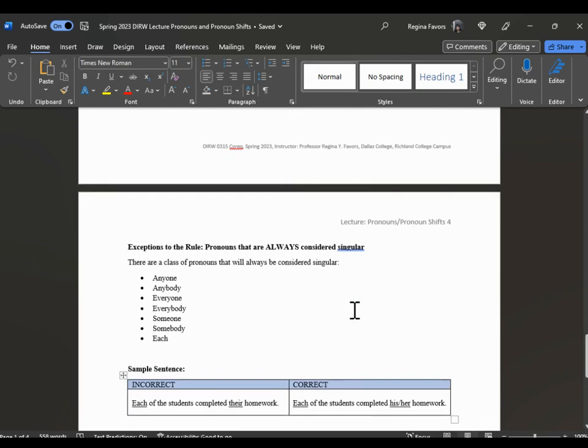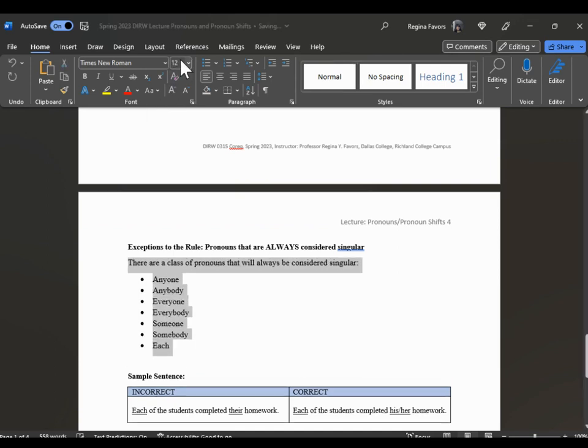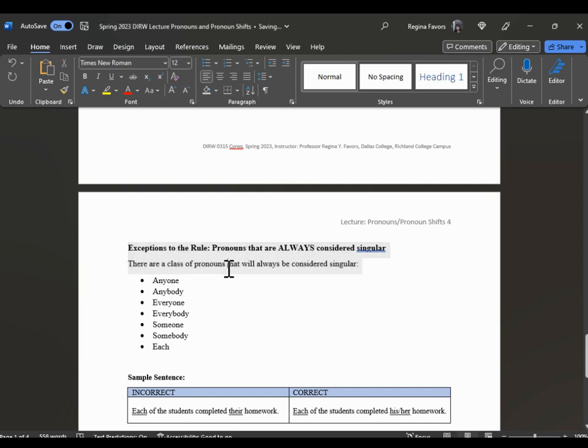There are exceptions to the rule when it comes to pronoun case. There is a class of pronouns that will always be considered singular, and this is where we always get turned around. It has a lot to do with thinking that anyone, everyone, anybody, everybody, someone, somebody, each sort of sound plural to us, because if we were in a room with a lot of different people, we would say everyone in the room, and we would think that those people are plural.